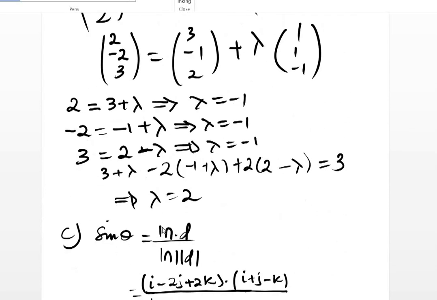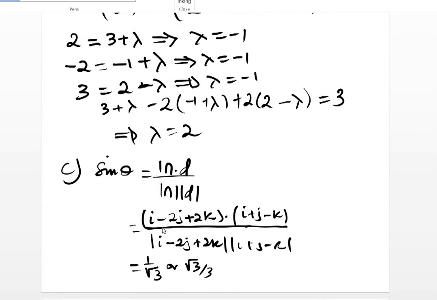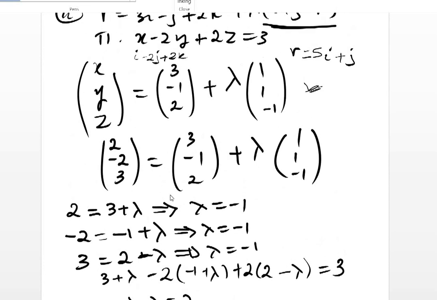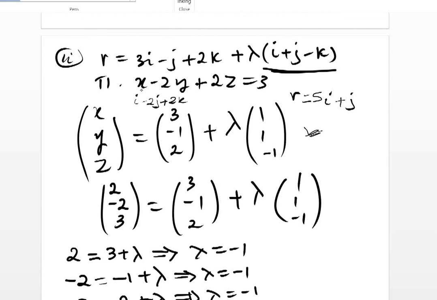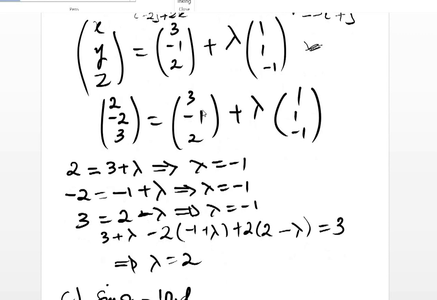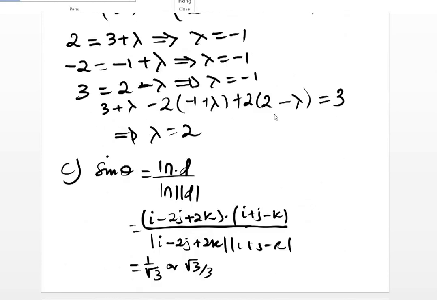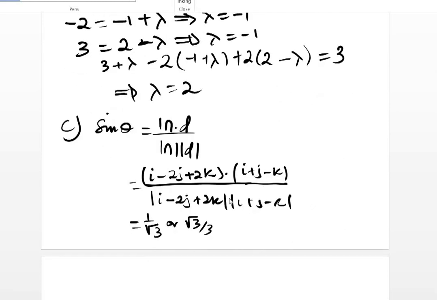Talking about this, that's the sine of the acute angle. That's 1i here, negative 2j plus 2k. That's the coefficient. And the vector equation of a line, i plus j minus k, is what we use to obtain this.